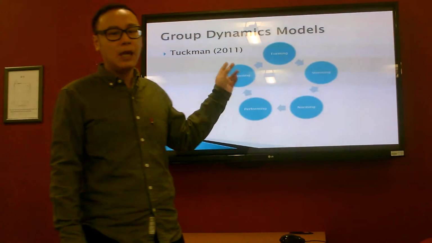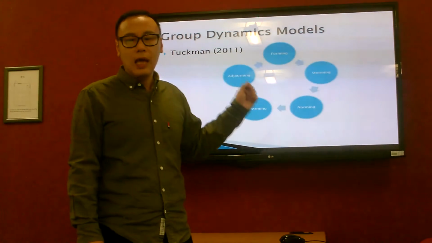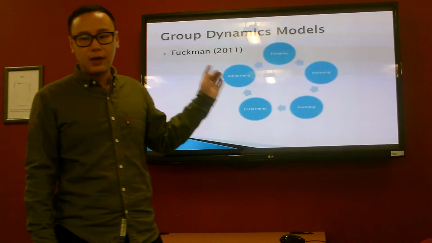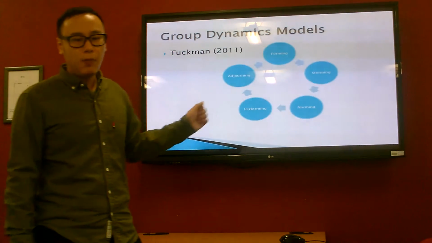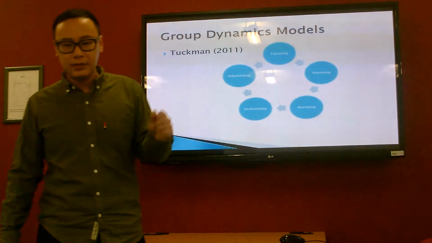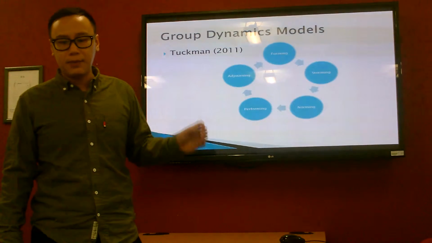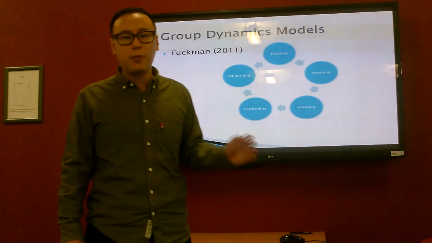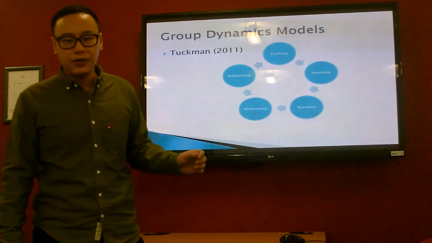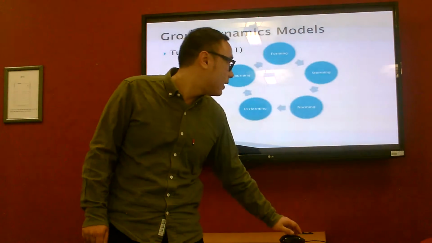Tuckman's model is a toolkit, a five-stage process for team development, naming the five stages as forming, storming, norming, performing, and adjourning. This model provides a good basis to build a developed project team and analyze the behavior of a team.